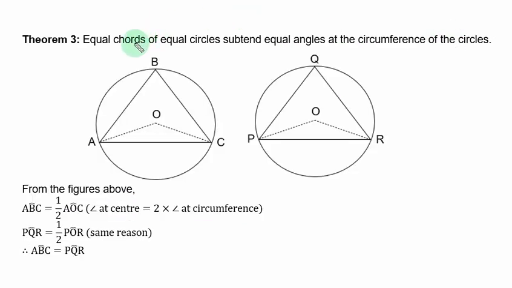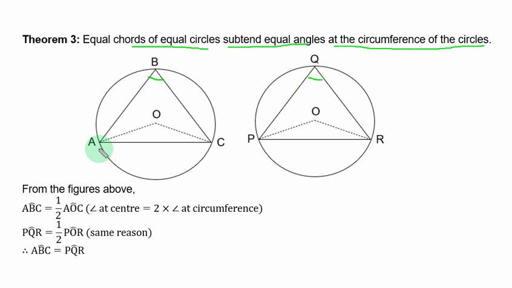Equal chords of equal circles subtend equal angles at the circumference of the circles. We have two circles, ABC and PQR, with center O respectively. So the angles at the circumference are equal.